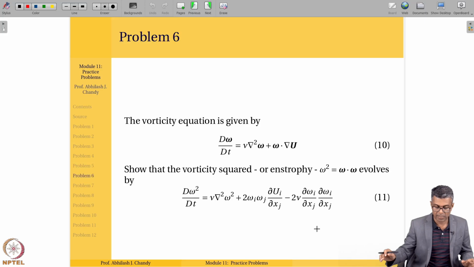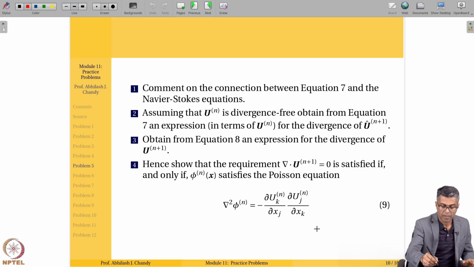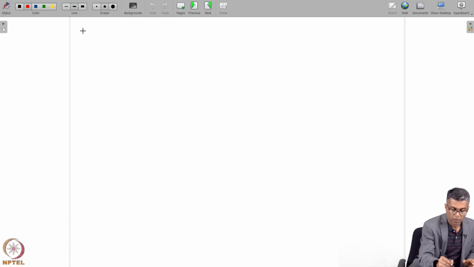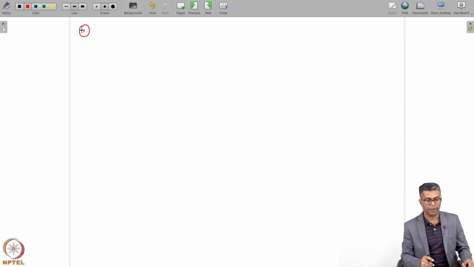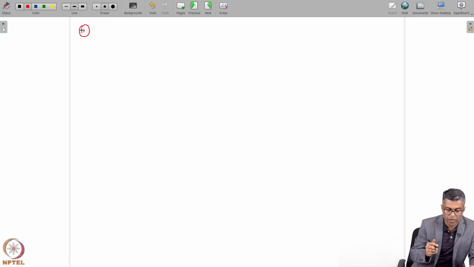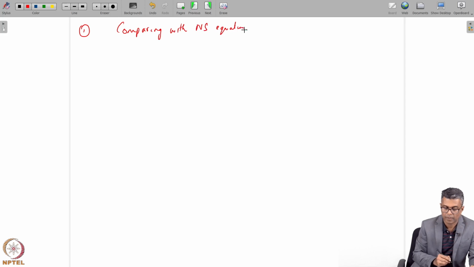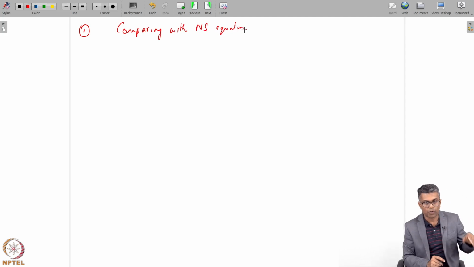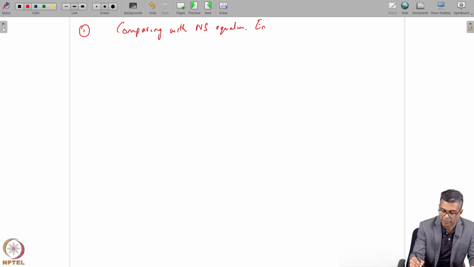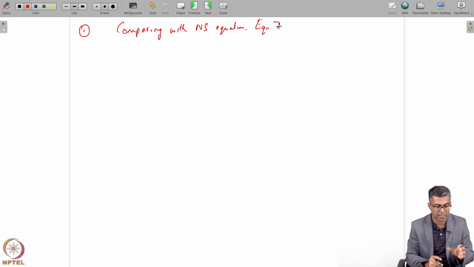Okay, let's answer that first. Part 1, right? So comparing with the Navier-Stokes equations, the equation that was given, which is equation 7, is the temporal discretization of the Navier-Stokes equations.